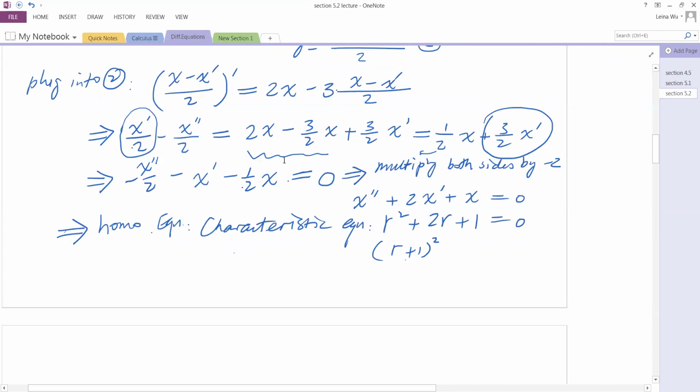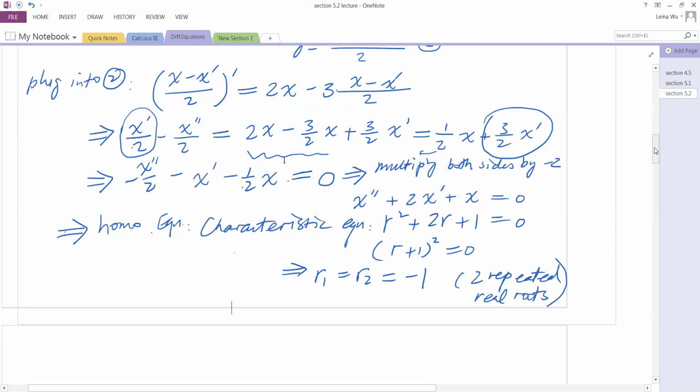This could be factored as r plus 1 squared equals 0, meaning there are 2 repeated real number roots, right? So 2 repeated real roots. Okay, do you have these? Yeah.